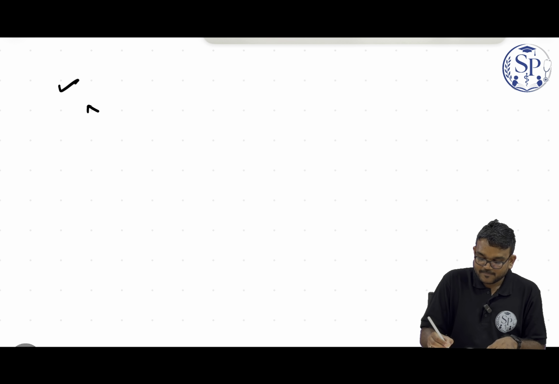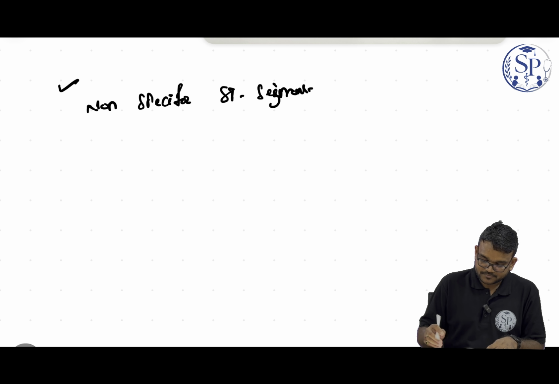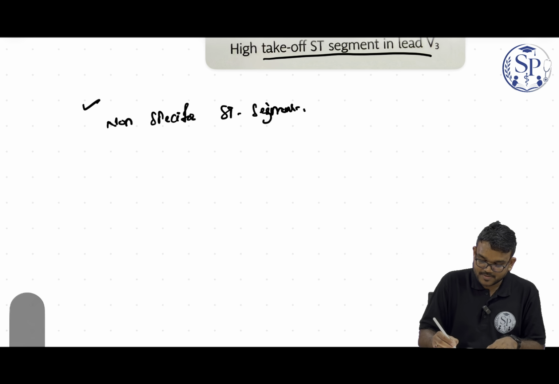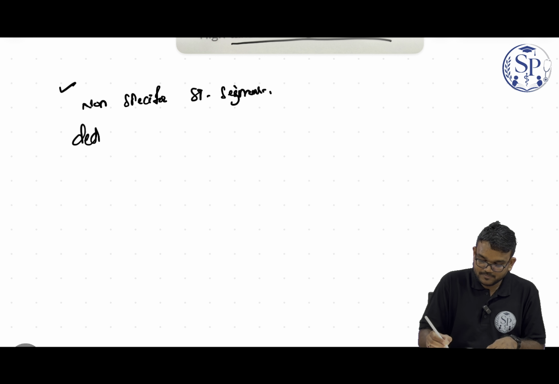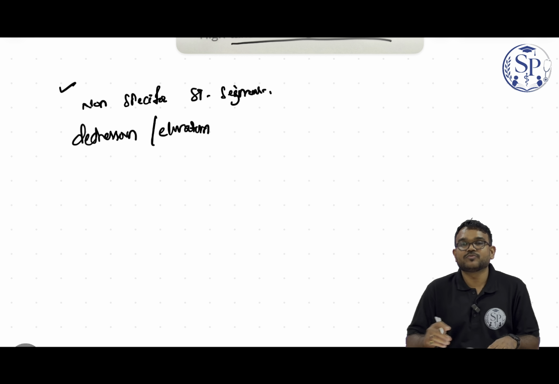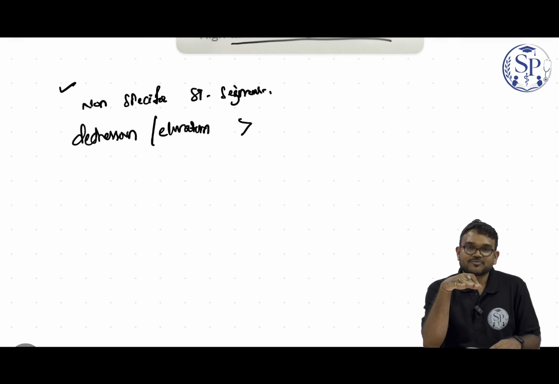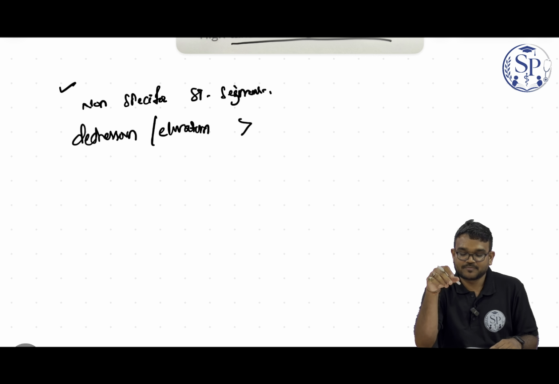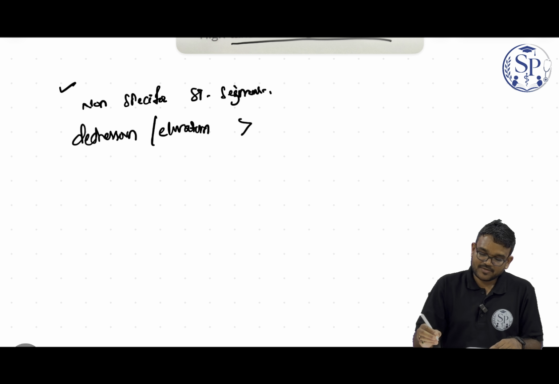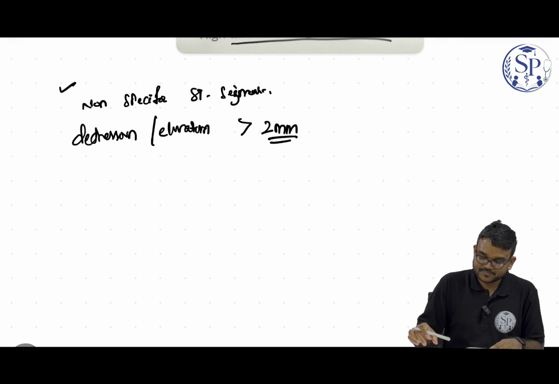Non-specific ST segment depression or elevation should not be more than 2 mm. If the ST segment is elevated or depressed beyond 2 mm, then it is always a pathological feature. If it is less than 2 mm, it is absolutely normal.